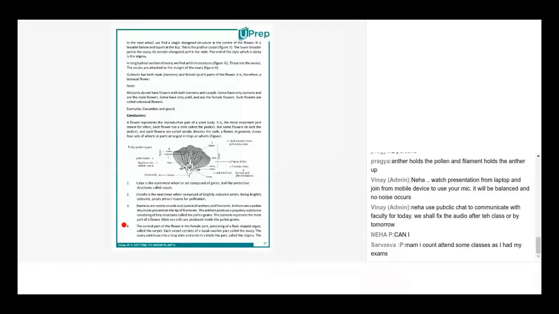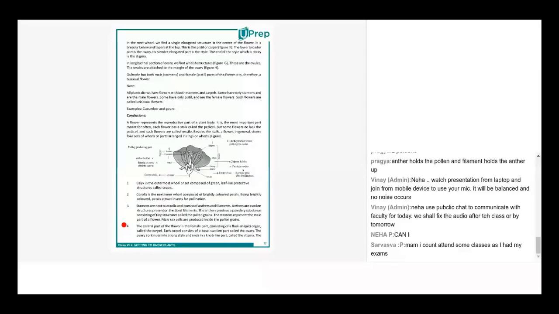And the anther produces a powdery substance consisting of tiny structures called pollen grains. Correct. The stamens represent the male part of a flower. Male sex cells are produced inside the pollen grains. So this is what we have discussed. It has two parts, the anther and the filament. The anther has pollen sacs, which actually store the pollen grains.